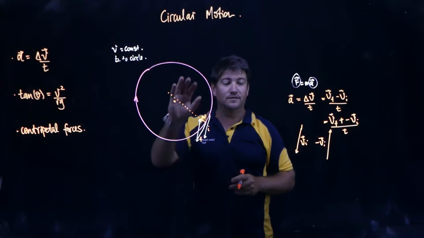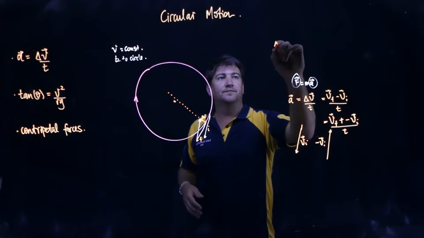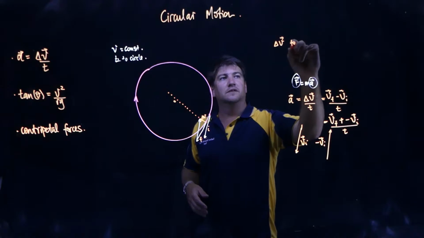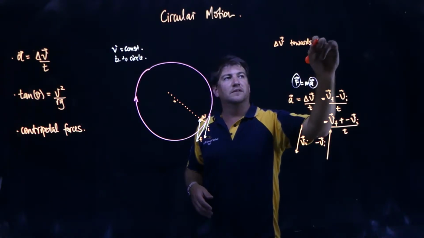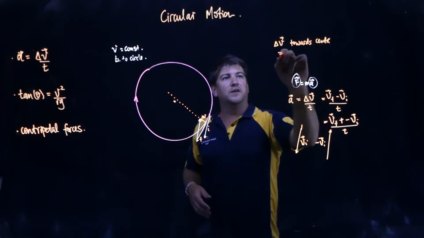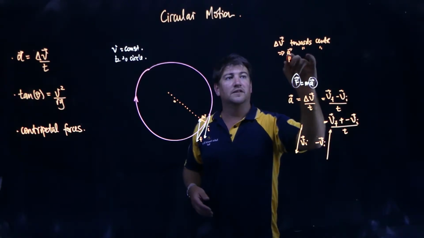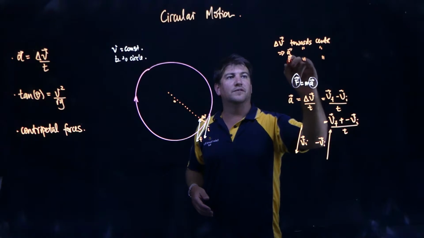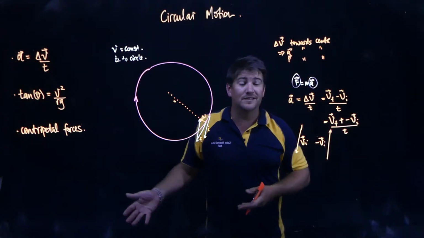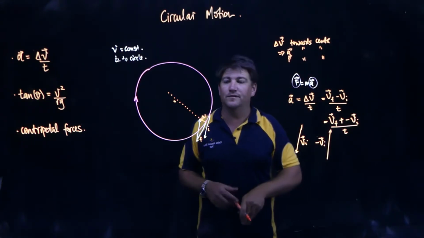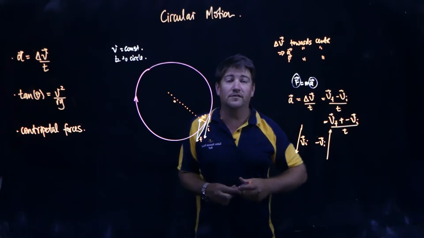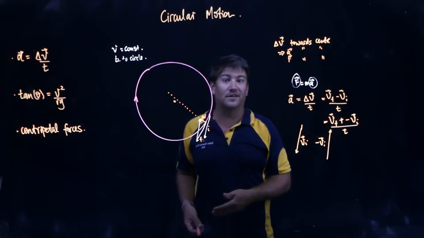So the direction of the change in velocity is towards the center, which means that the acceleration is obviously towards the center, so there must be some sort of force towards the center, because it's not going to accelerate in a different direction to where the force is applied.